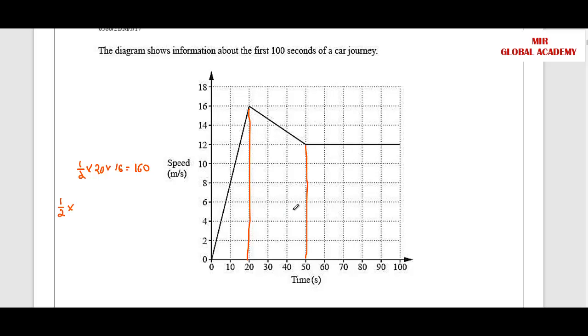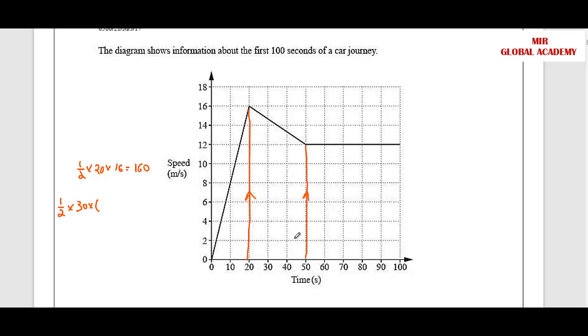The height of the trapezium is the gap between the 2 parallel sides. So in this trapezium, these 2 sides are parallel, and the distance between them is 50 minus 20, 30. So the height of the trapezium is 30.